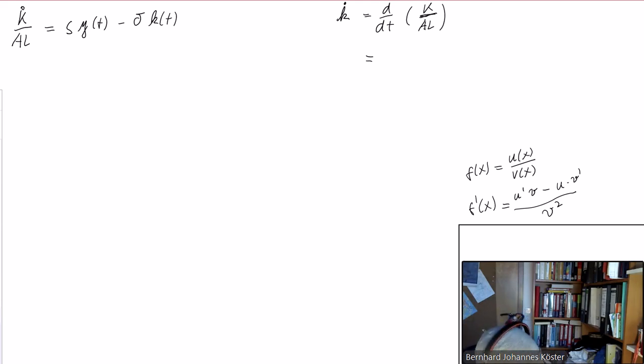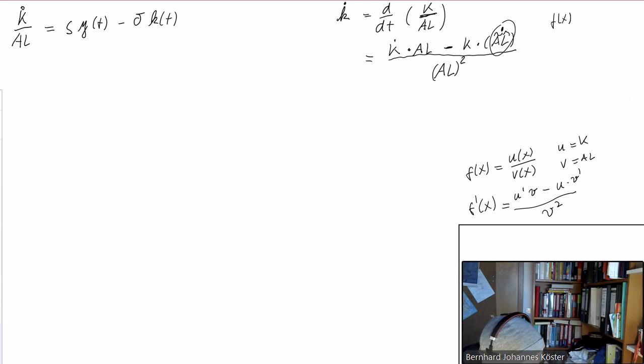And now we set u is k and v is A times L. So in the first step, we obtain k dot times A times L minus k times, and now you have to be careful, in brackets A times L dot, and this dot is a total derivative of the product A times L, over v squared, which is A times L squared. Well, and then we have this part here.